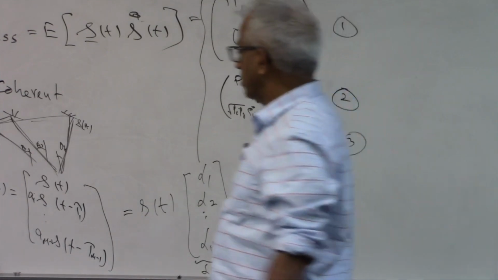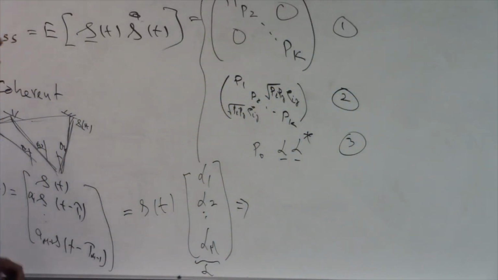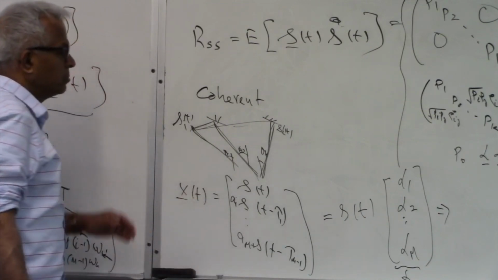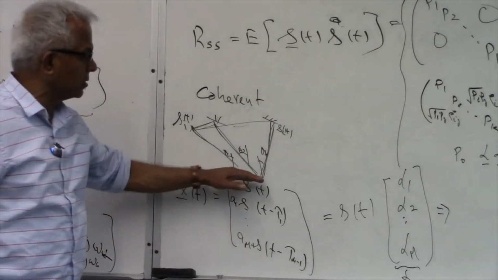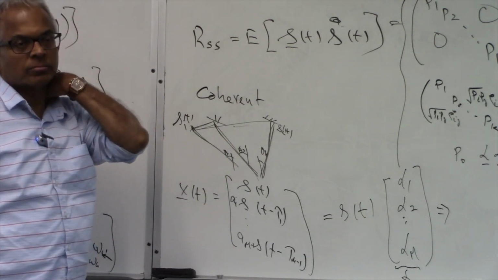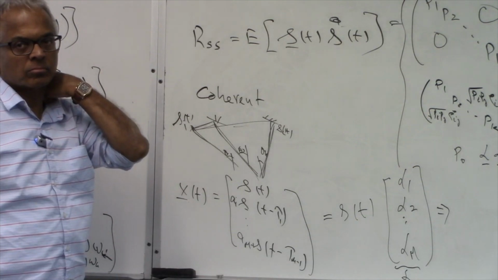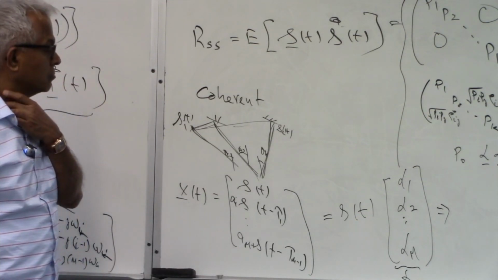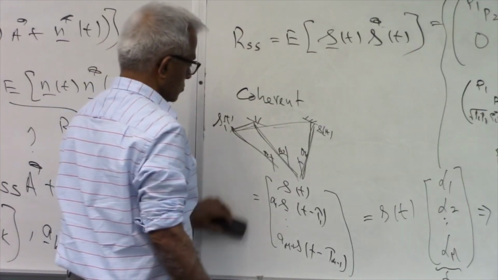Remember, we have K sources and M sensors. What I meant here was this is at each sensor. I thought you were mentioning that we have K sources, each of them a shifted version.